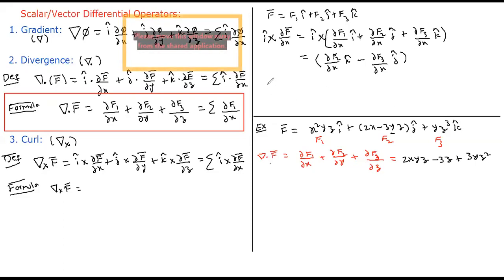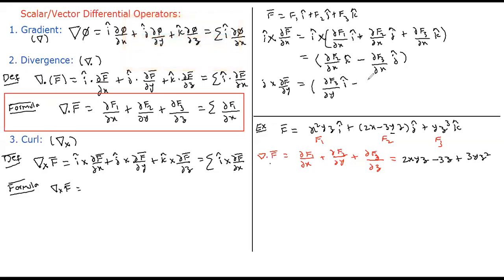Now the remaining terms can be written in a cyclic manner. After i cross, the next one is j cross dou f bar by dou y. After f2 you will get f3, after x you will get y, and after f3 you will get f1. So in a cyclic manner, dou f3 by dou y into i bar minus dou f1 by dou y into k bar.